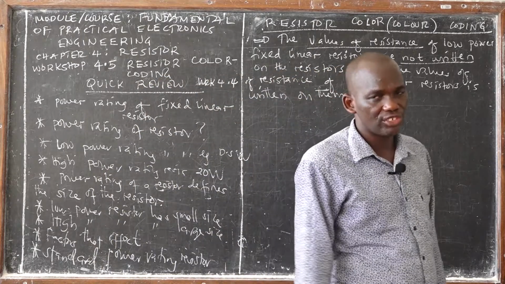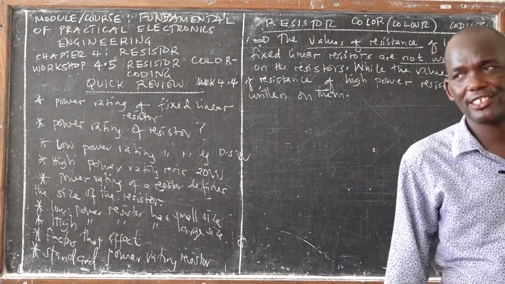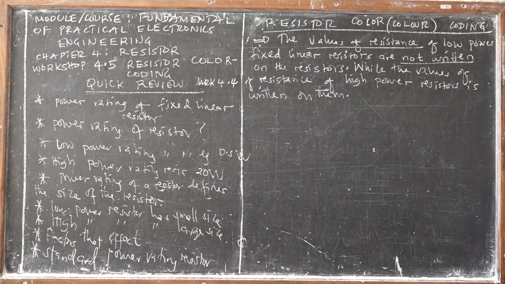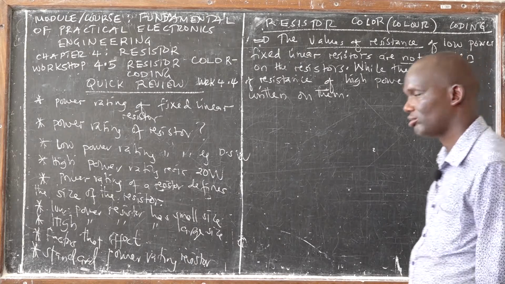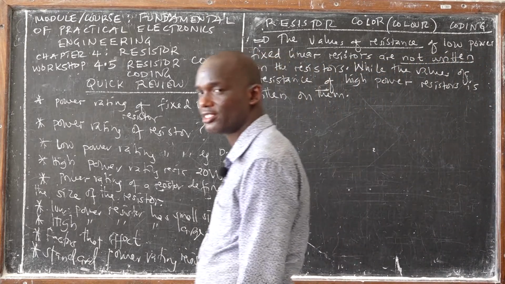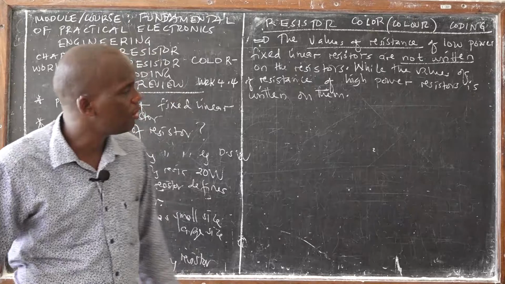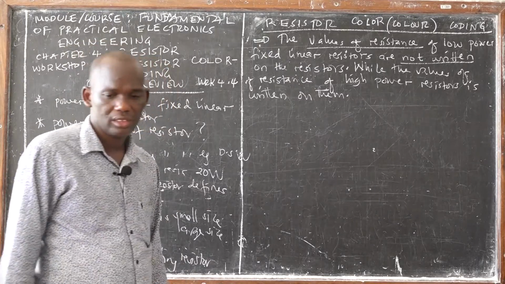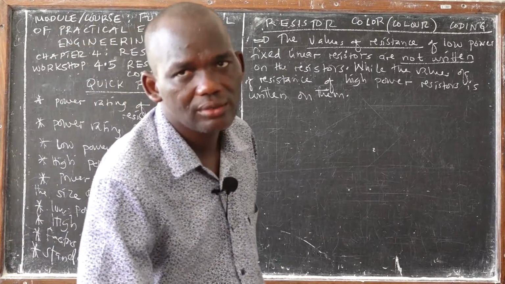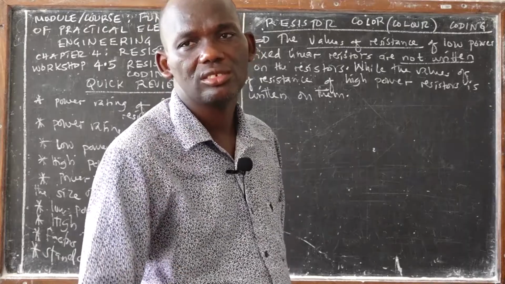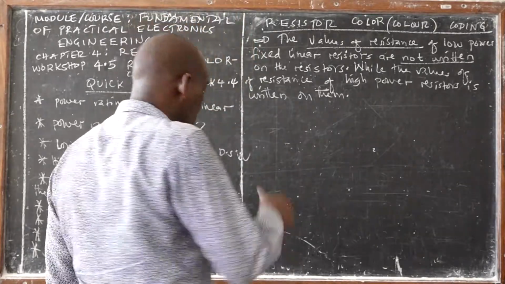So the value of resistance for the low power fixed linear resistor is not written on top of the resistor, but in the case of a high power resistor, for example this one, the values have been written. Okay? The values have been written.